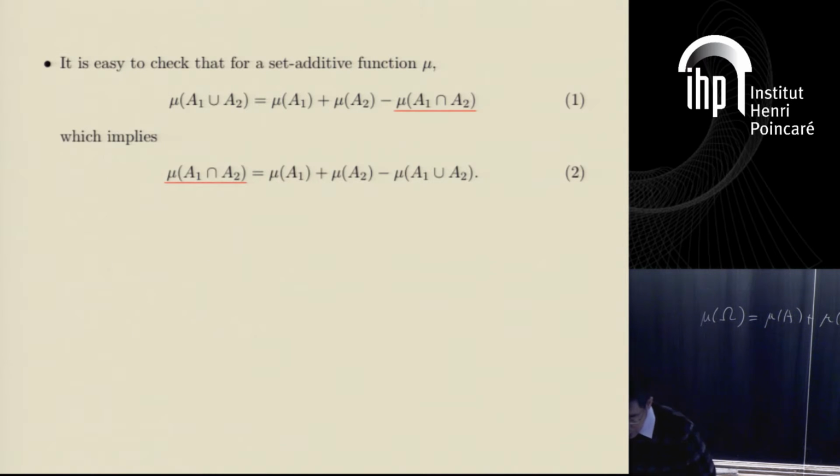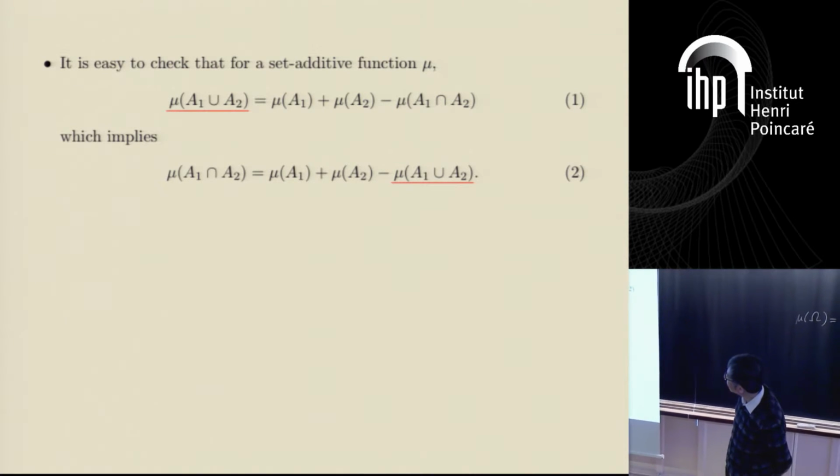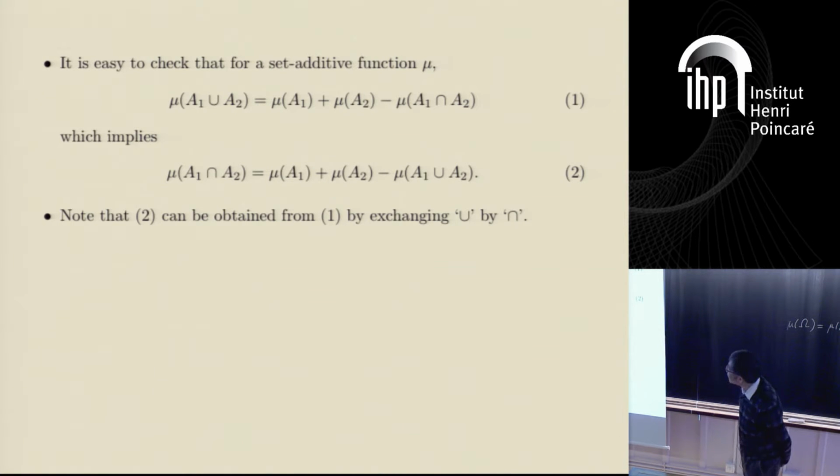Now, if you move mu of A1 intersect A2 to the left-hand side and move mu of A1 union A2 to the right-hand side, you get this: mu of A1 intersect A2 equals mu A1 plus mu A2 minus mu of A1 union A2. This is straightforward. The interesting observation is that the second identity can be obtained from the first identity by exchanging the unions and the intersections.